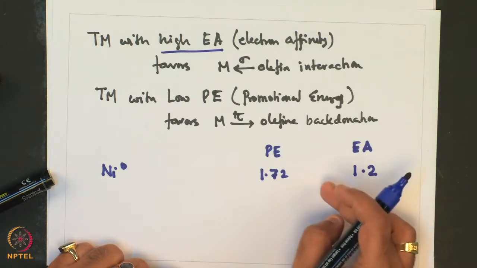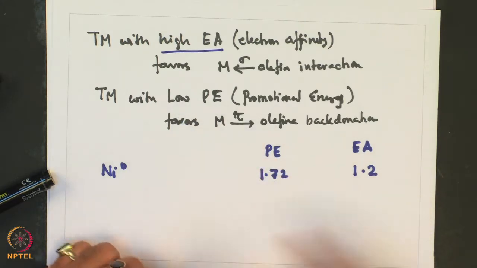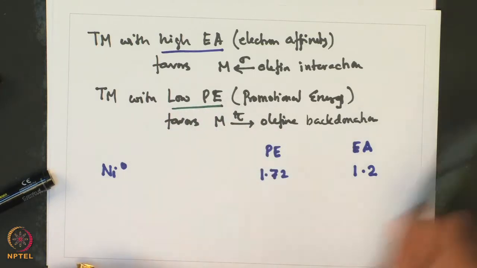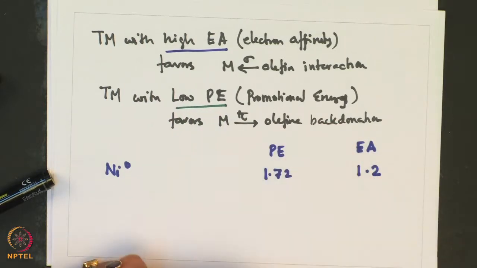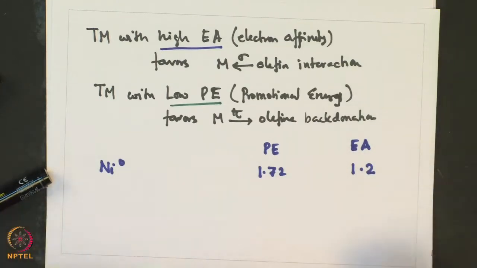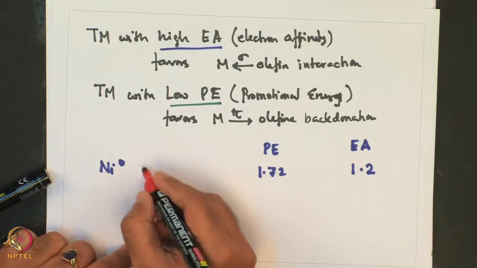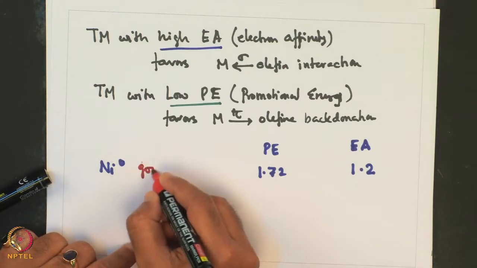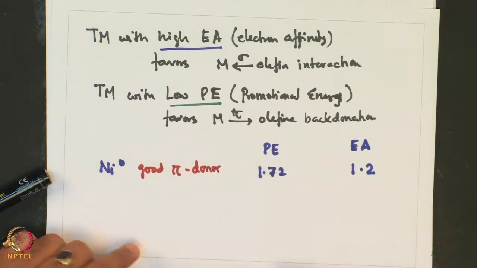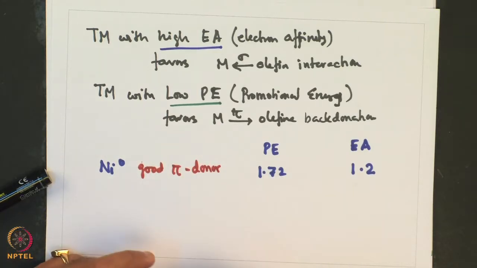So, sigma donation is not strong, but low promotional energy means favors back donation. So, nickel 0 indeed has a low promotional energy. So, this is a good pi donor. So, nickel as a metal is a very good pi donor.